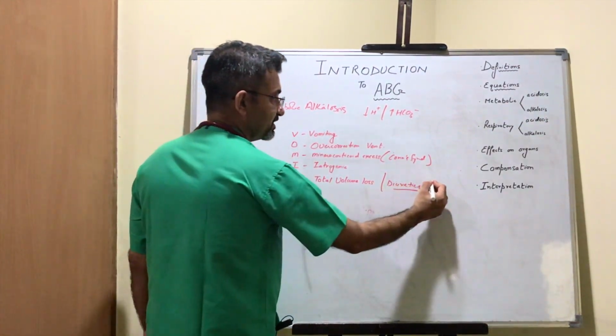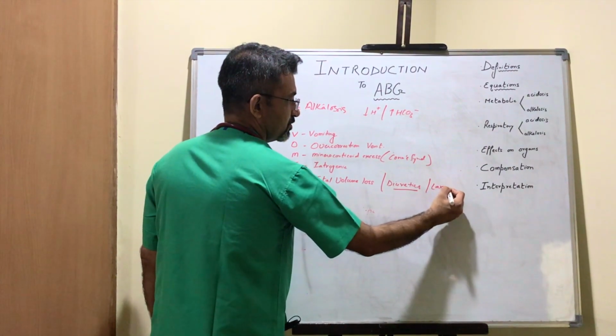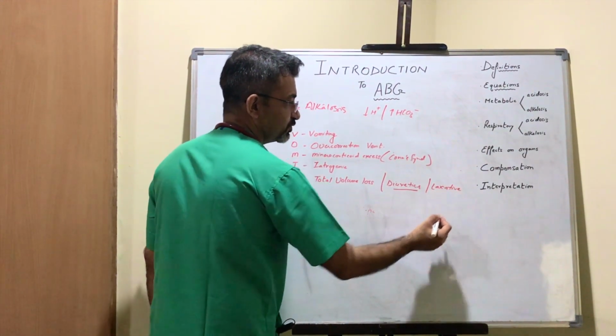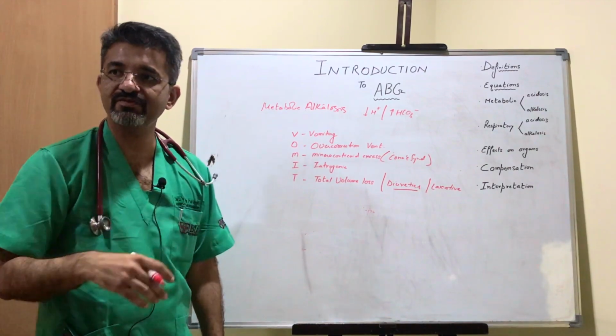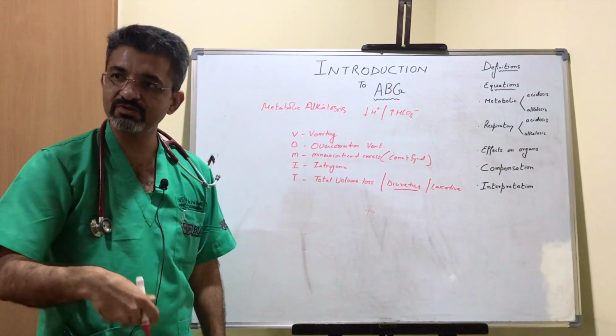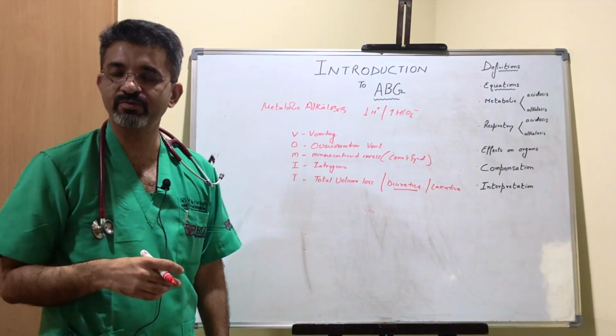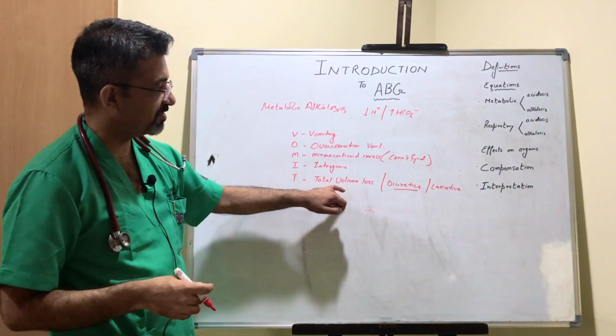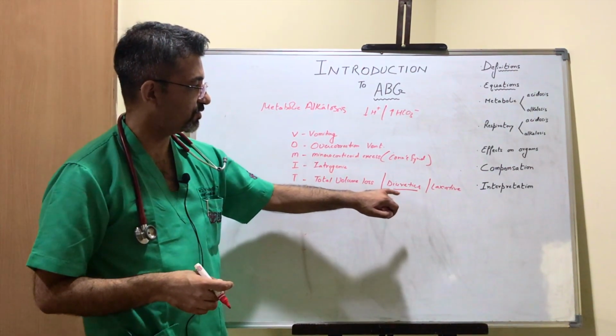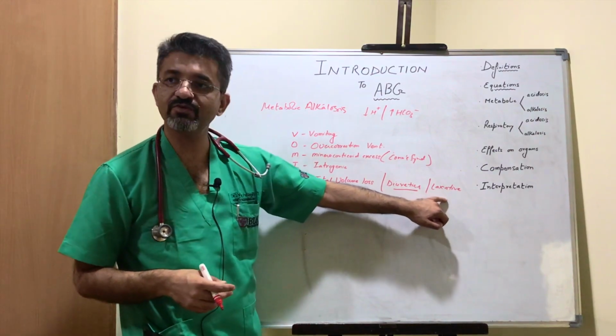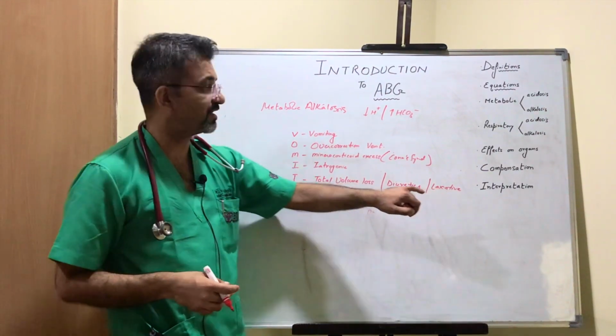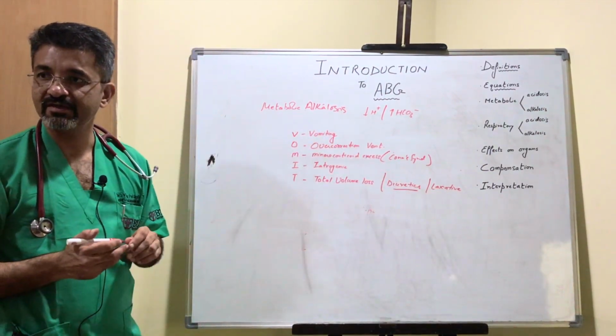Someone who is taking laxatives, so in laxative abuse you are going to the washroom very frequently, so you lose salts from your stool. So total volume loss either by blood or by use of diuretics and overuse of laxatives can lead to metabolic alkalosis.